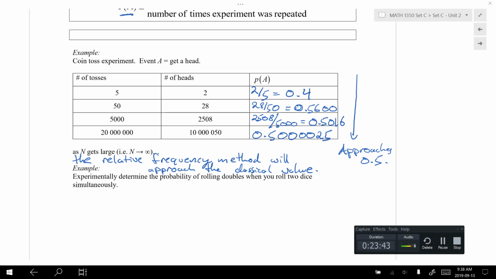Okay, so if, for example, we wanted to experimentally determine the probability of rolling doubles when rolling 2 dice simultaneously, we would repeat this experiment many times and then count the number of doubles. How many times do you need to repeat this experiment? I mean, probably at least thousands.